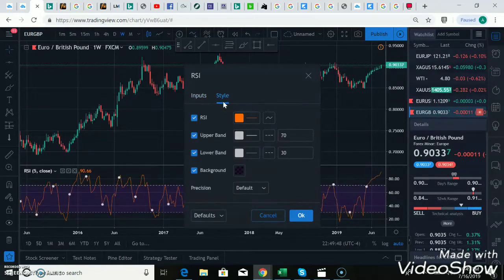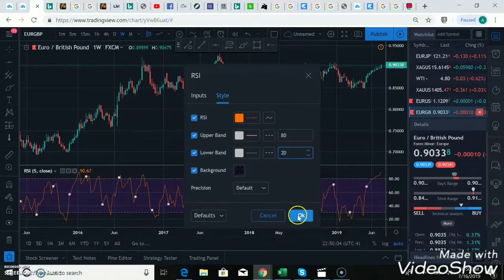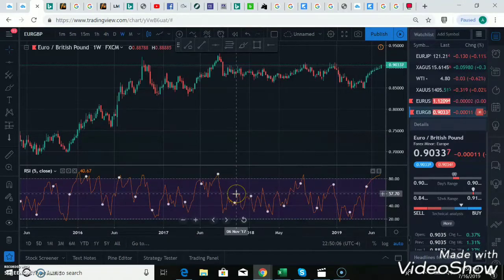The style, okay. Here, I like the upper band to be 80, and I like the lower band to be 20. For now, just do it, okay? Good, we pressed OK. Now, also with the RSI, I like to have a middle level. So we'll make 50 our middle level.